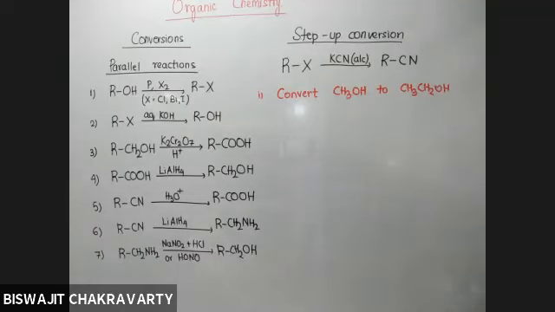But what compound do you have to start with? What compound is given in your hand? Is it an alkyl halide or is it an alcohol? It is an alcohol.